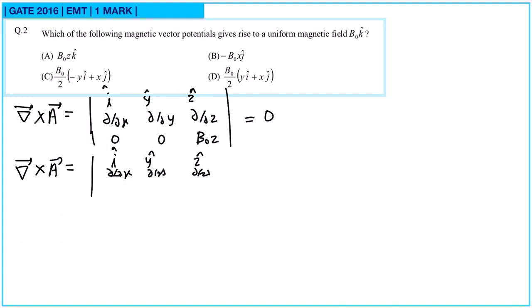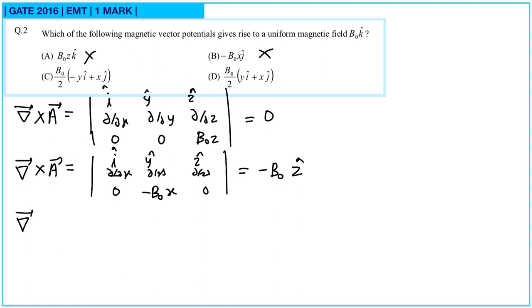This is z cap, so this will be 0 here, minus of B naught into x, and this will be 0. So this will again be 0, 0, and the last term will be z cap, dou by dou x of this, so this will be minus of B naught into z cap. So here this is also wrong.